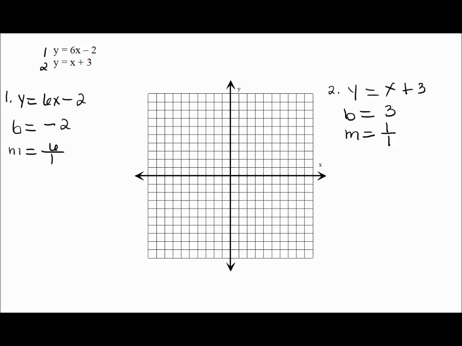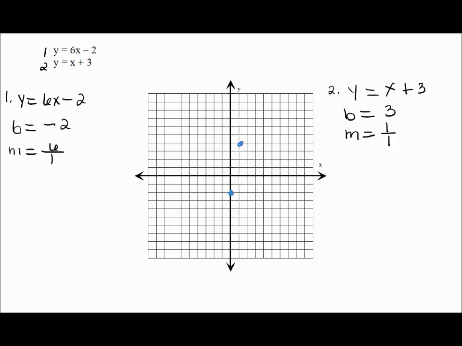Now I'm ready to graph. For the first equation, my y-intercept was -2. So on my y-axis, I want to move down 1, 2 units on the y-axis and put a point at -2. Then my slope was 6. So I'll move up 1, 2, 3, 4, 5, 6 units, and to the right 1 unit.